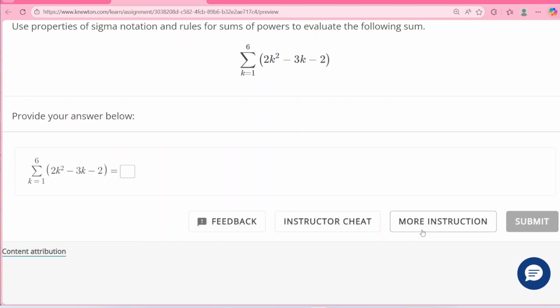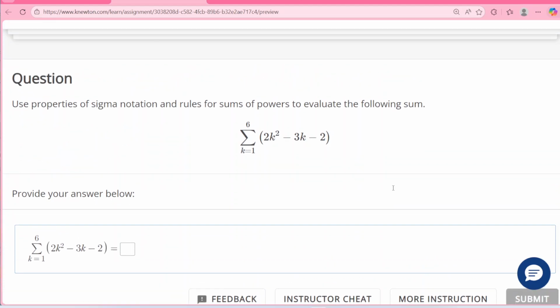So if you're working on a problem, having trouble, you don't really remember what the material is for that objective, open up the more instruction option, and you should be taken to reading to do or videos to watch or both related to that objective. And hopefully with all that instruction available, you can get through the assignment questions more easily.